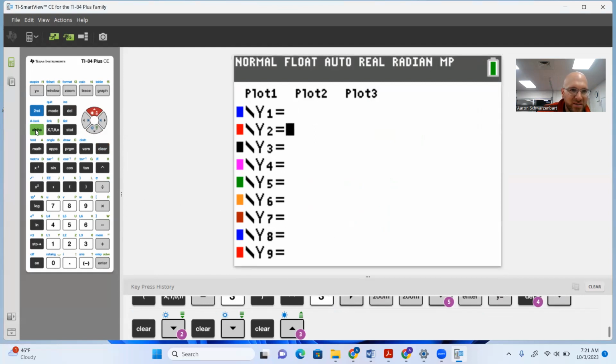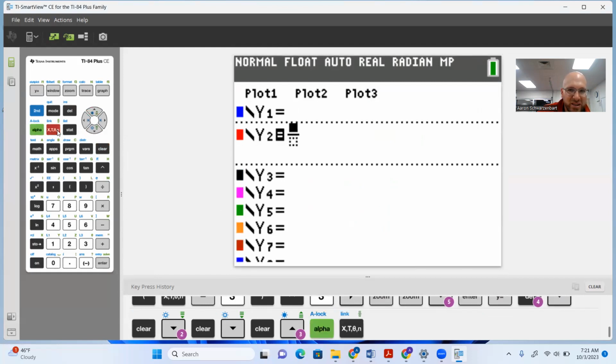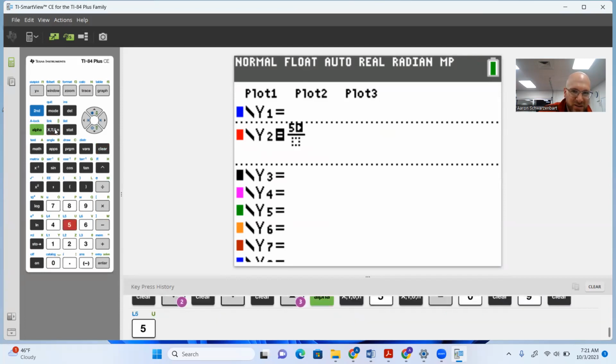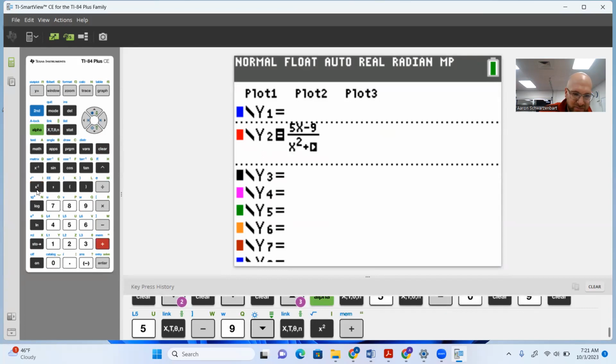And I'm going to use this, which is really handy on the CEs: Alpha of the X button gives me a fraction. Deleted too much. So 5x minus 9 over x squared plus 3.